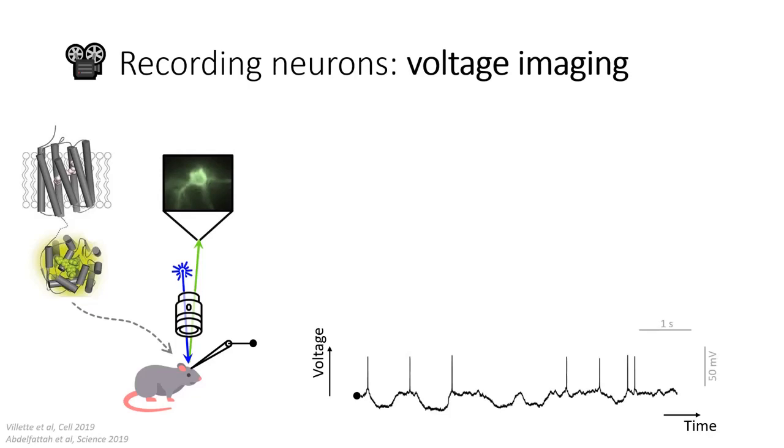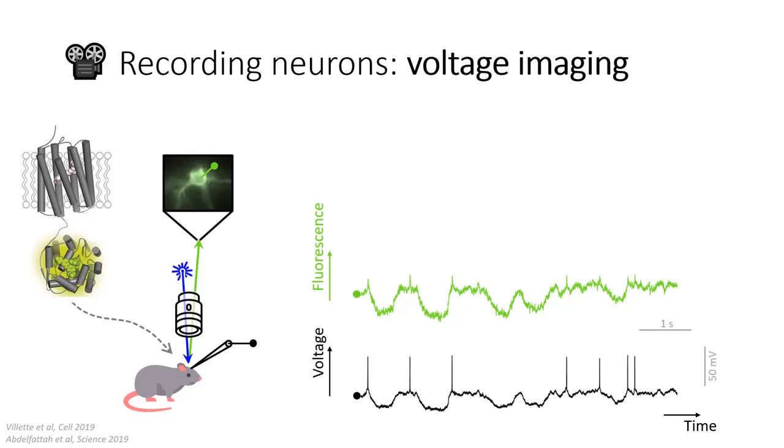So this is an example image, zoomed in on one neuron cell membrane, shining brightly. If you make, instead of a static image, a video, we can see the voltage fluctuations over time. So the data you're looking at here is from an experiment, quite recent, in which they did both the classical technique with a needle and the new technique with voltage imaging at the same time in the same neuron to be able to compare them.